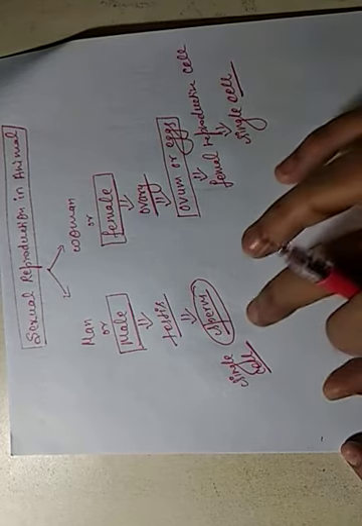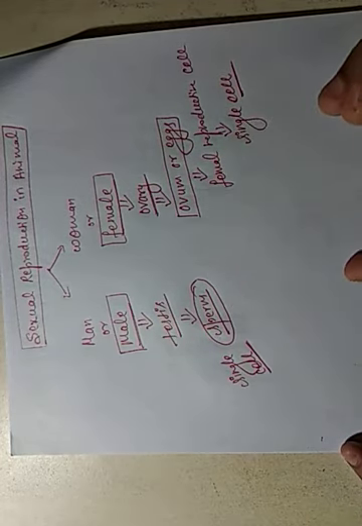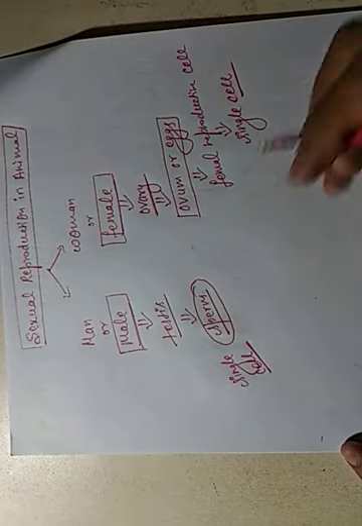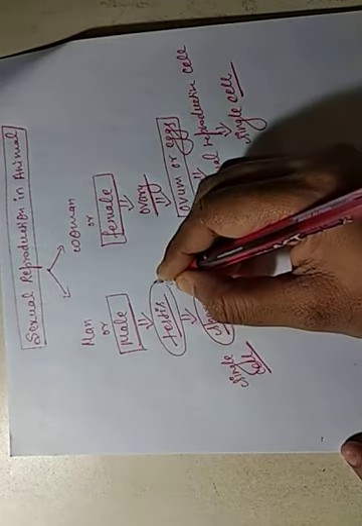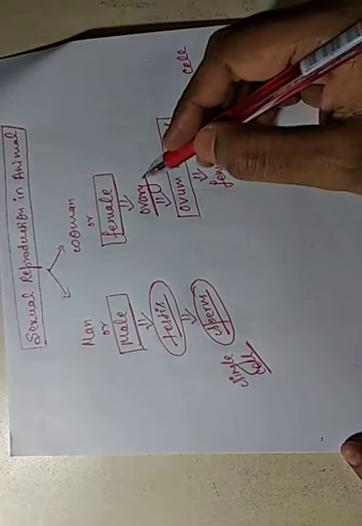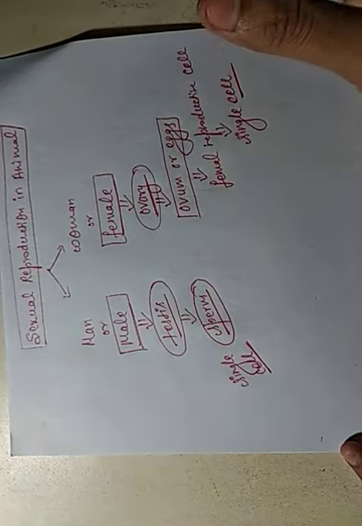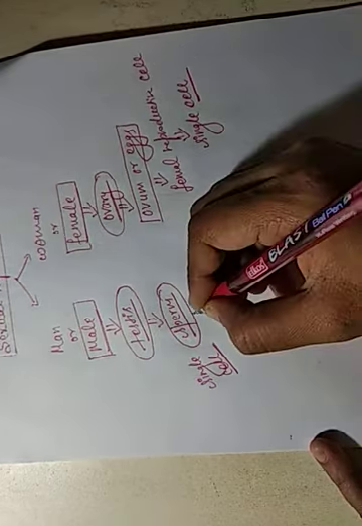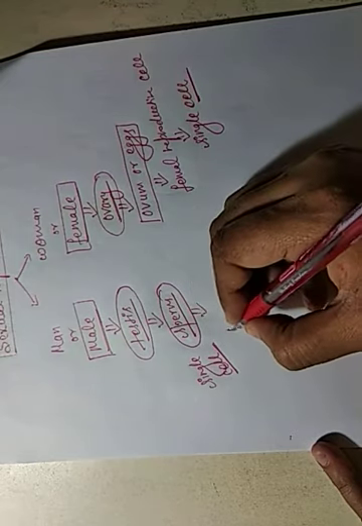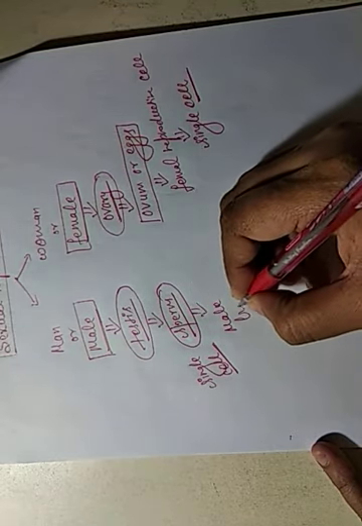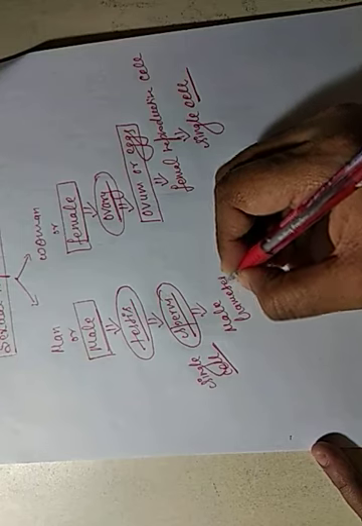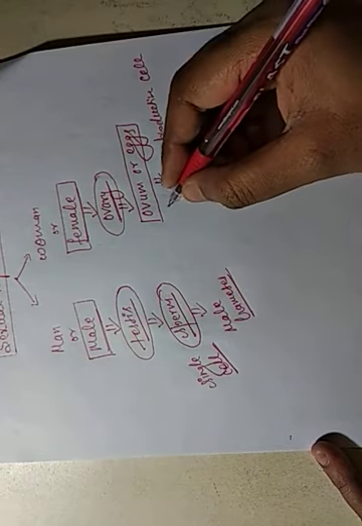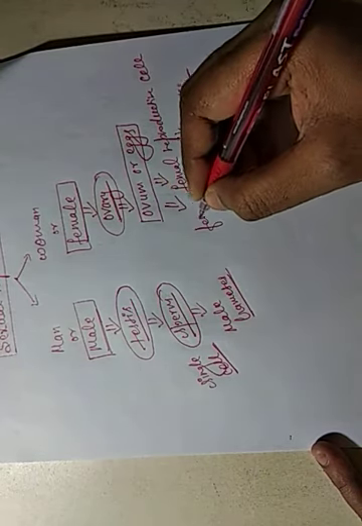The testis is the formation point of the sperm, and the ovary is the formation organ of the ovum. Sperm is the male gamete and ovum is the female gamete.